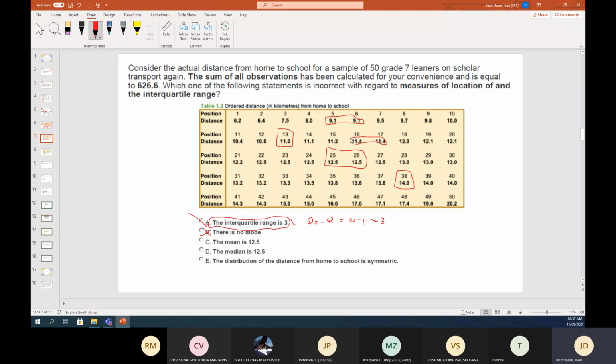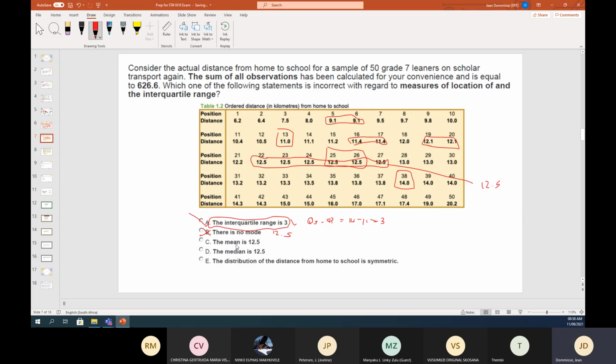There's another one, it could have been 12.2. So it could have been multimodal. Okay, so 12.5 is going to be your mode. There's 13 that's repeated a lot, but for 12.5, there's definitely not going to be one that is more than that. And remember, mode is the one that appears the most. So there is a mode, and that mode is 12.5, just if we need it somewhere else.